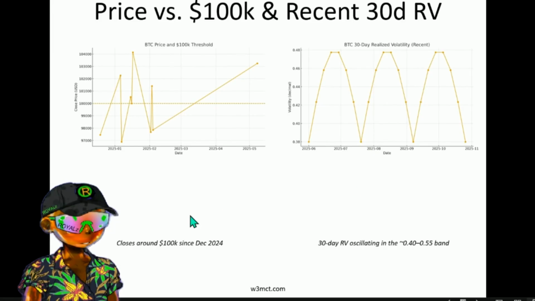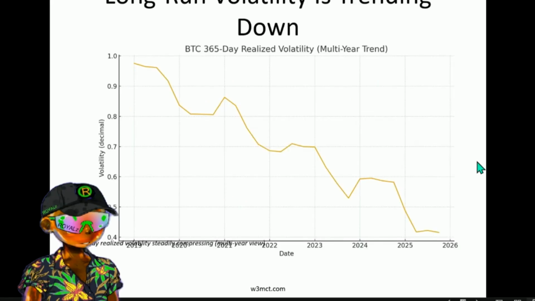Now, we went over this previously, and this shows us where the price has been around the 100,000 threshold and the volatility around 100,000. And you can see that even though the volatility has been between roughly 38 to 48, even gotten as high as 55%, most recently it is still drastically down when it comes to long-term volatility with this new maturing asset class or digital asset, right?